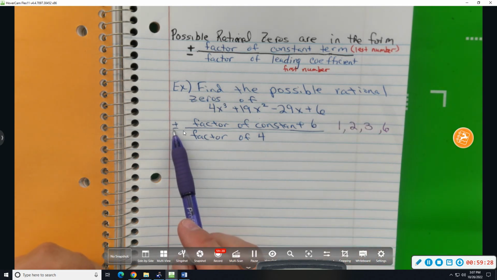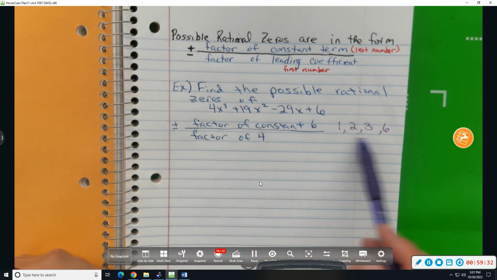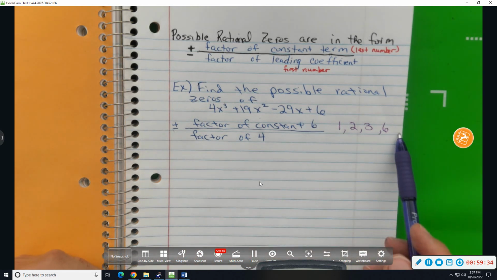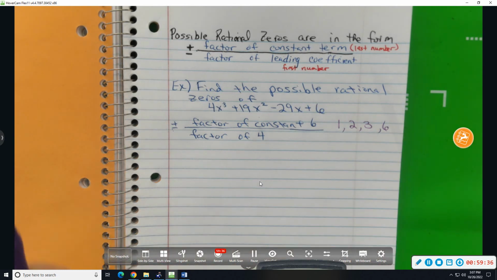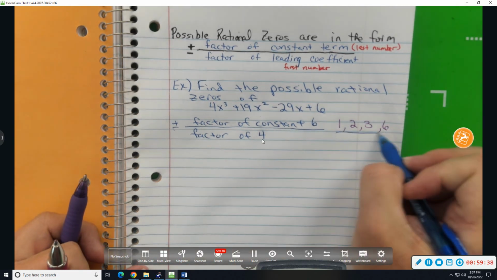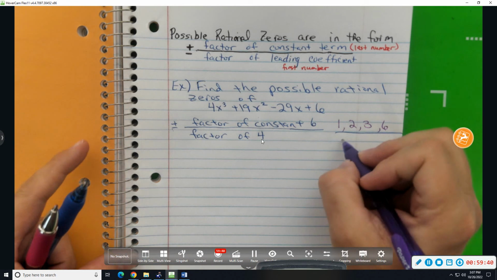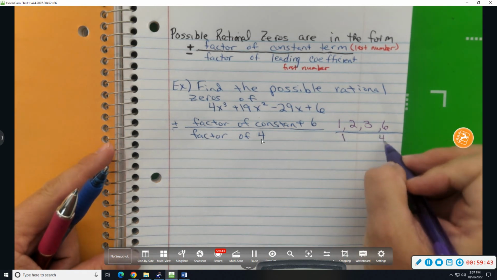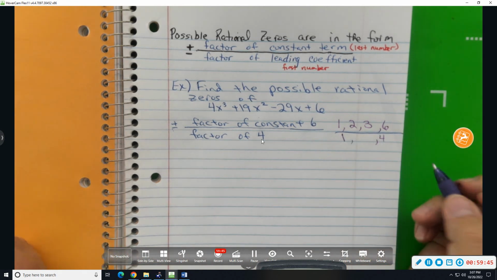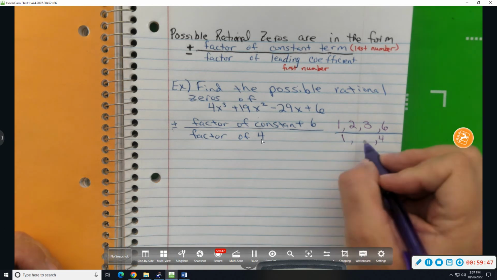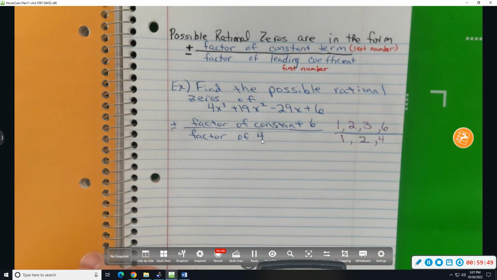The plus minus here is going to take care of all those sign changes, so you only have to worry about the positive factors of 6. Now we need the positive factors of 4: 1 times 4 and 2 times 2.